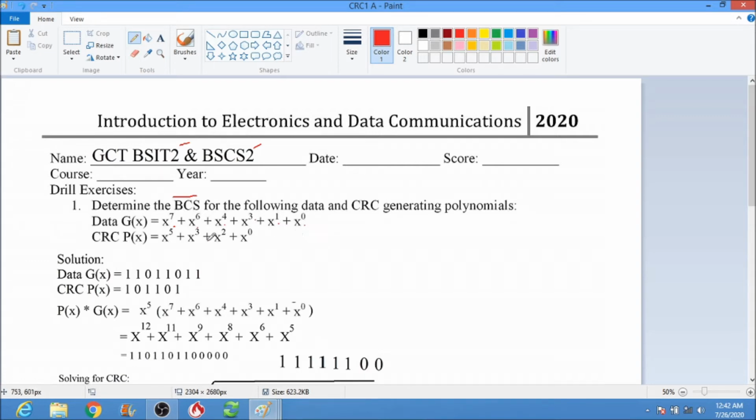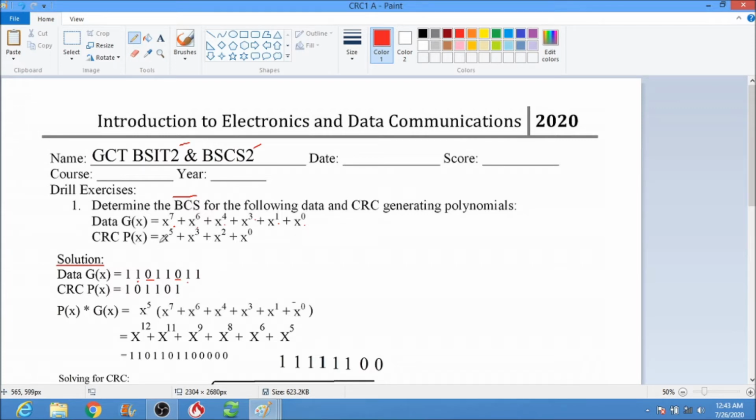So x raised to 7 is 1, x raised to 6 is 1. This is your solution, this is your data G(x): x raised to 7 is 1, x raised to 6 is 1, x raised to 5 is 0, x raised to 4 is 1, x raised to 3 is 1, x raised to 2, of course, is 0, x raised to 1 is 1, and x raised to 0 is 1.